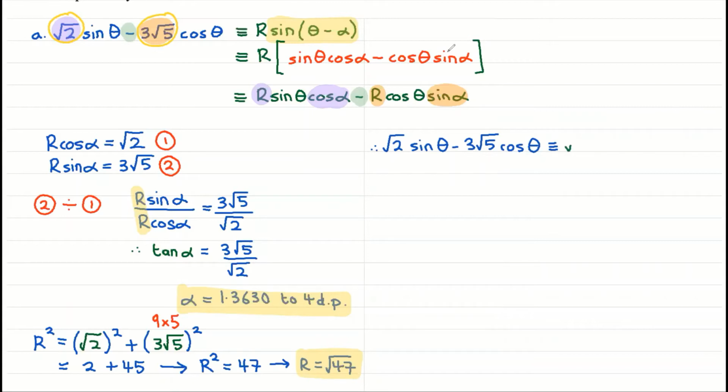So √47, that's the R, multiplied by the sine of theta subtract the value of alpha, which is 1.3630, and we'll close that bracket. So that's really crucial, and because we've done this work, it's going to play a part in the remainder of this question.